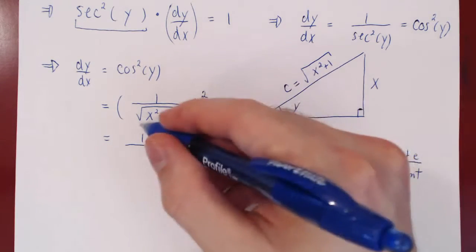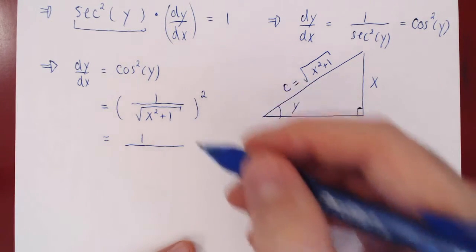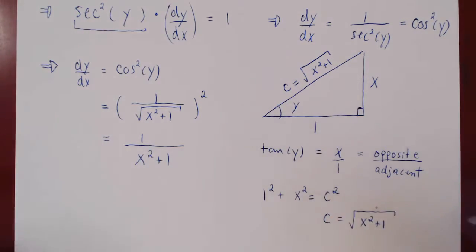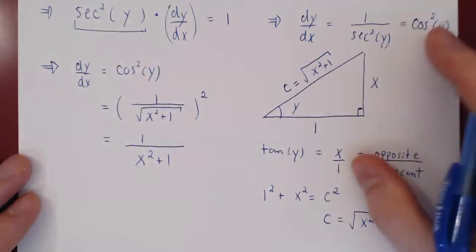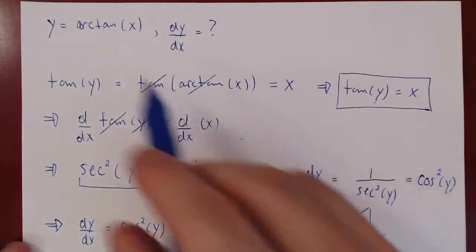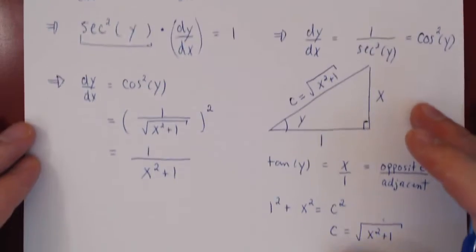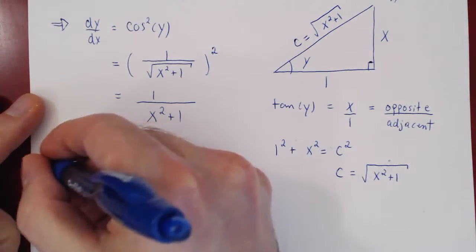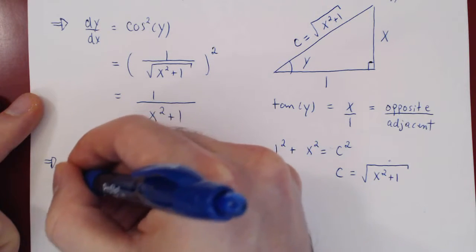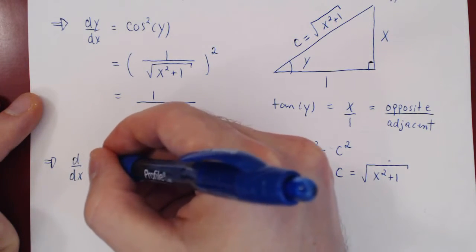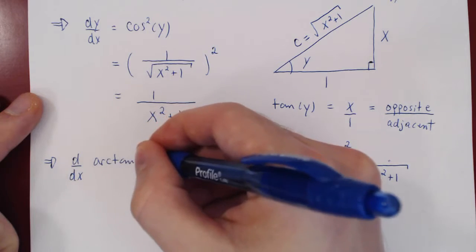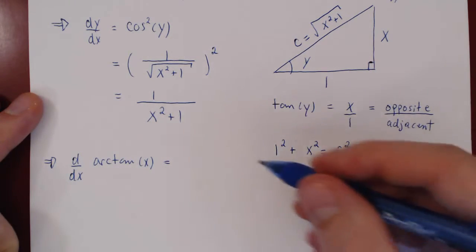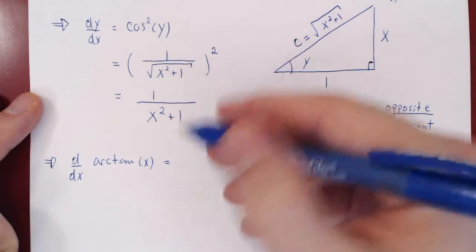And if you square a square root, the square root goes away, and you're left with x squared plus 1. So there we have it. Y, if you remember, was arctan of x. And so the derivative of arctan of x is surprisingly simple. It's just 1 over x squared plus 1.